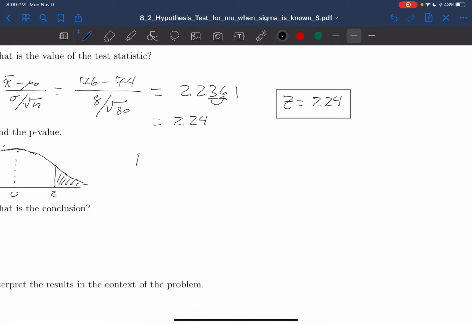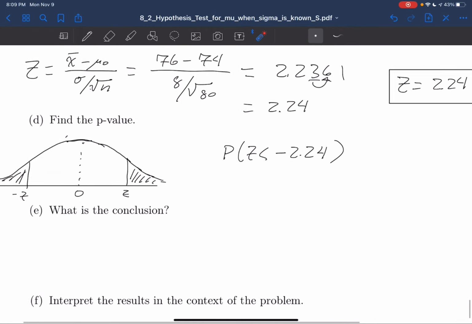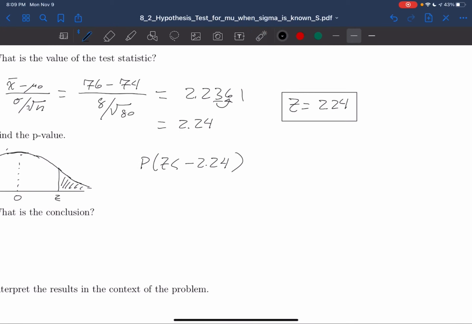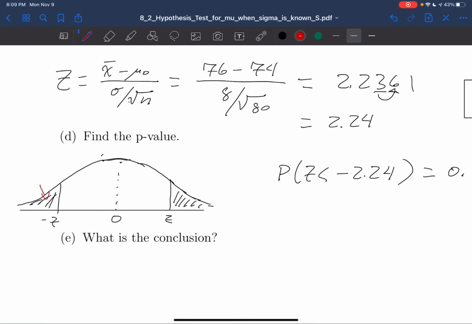So here would be P of z is less than negative 2.24. The reason it's negative is because it's below 0, so we need the negative version of our test statistic. If you look at the table, this is equal to 0.0125. So the area here is 0.0125. But since this is symmetric, the area here is also 0.0125.